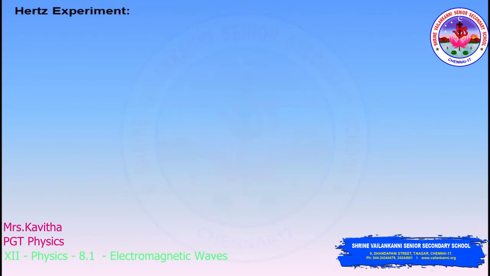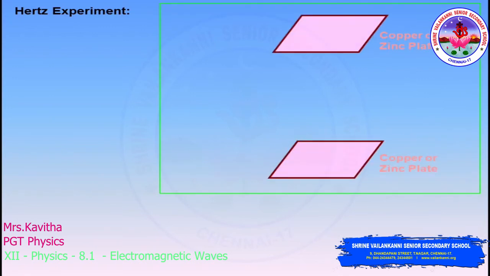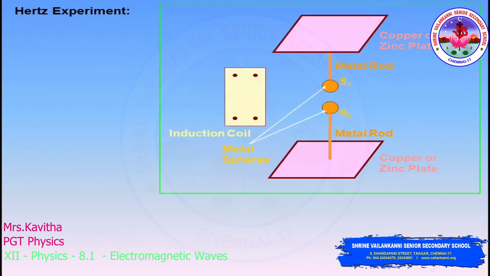See, Hertz experiment. Hertz used an oscillatory LC circuit for producing the electromagnetic waves. The transmitter consists of two large square metal plates, made of brass, with sides of 40 to 60 centimeter.